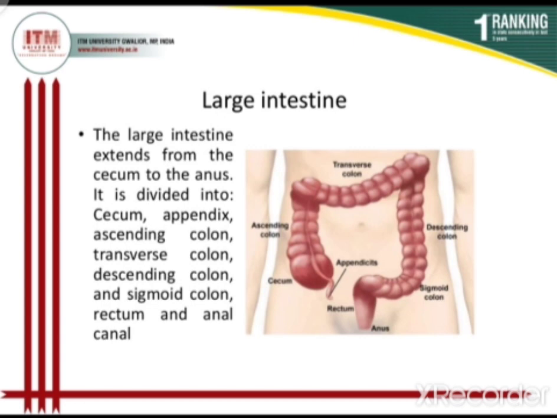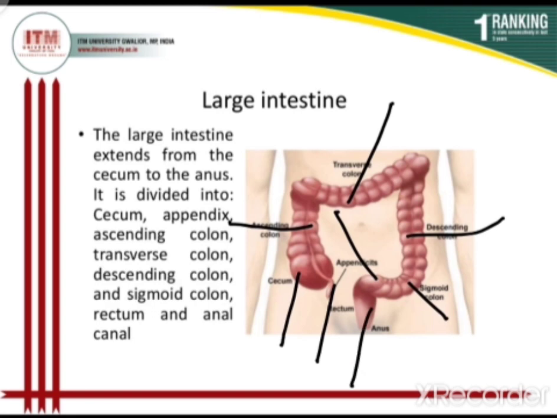So these are the various parts of the large intestine.